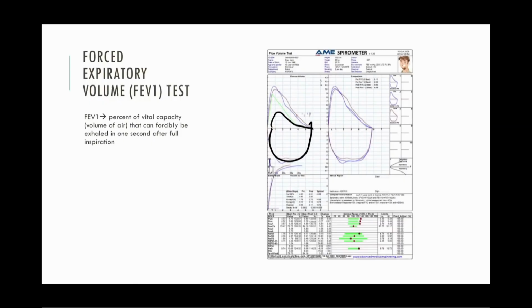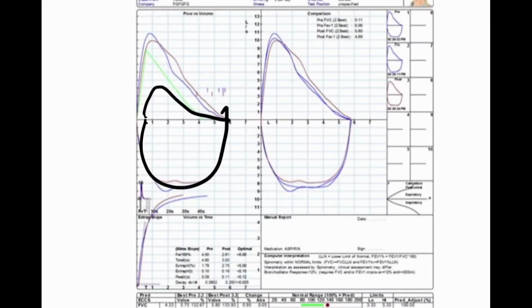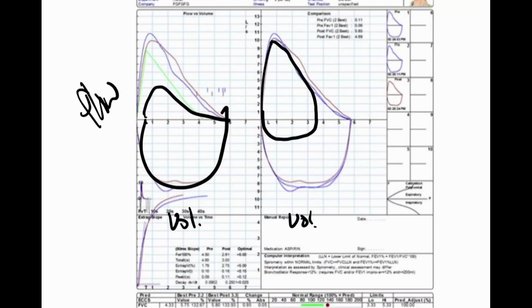So if you look at the x-axis, this is volume. This is flow. In a restrictive disease, they're not going to have any problems with obstruction. The flow is going to be fine, but their graph is going to be smaller.